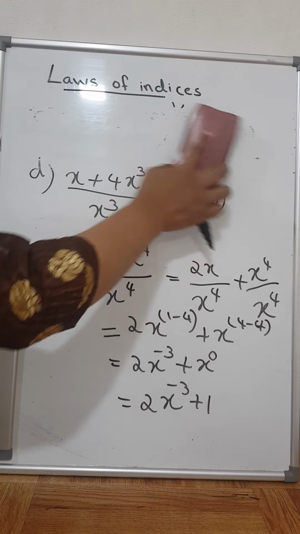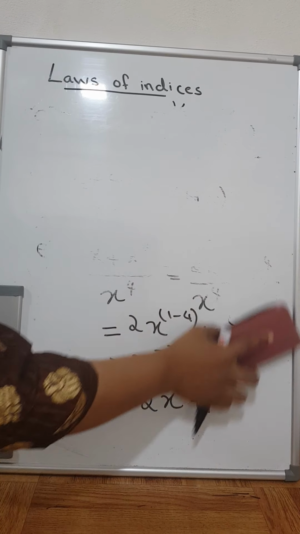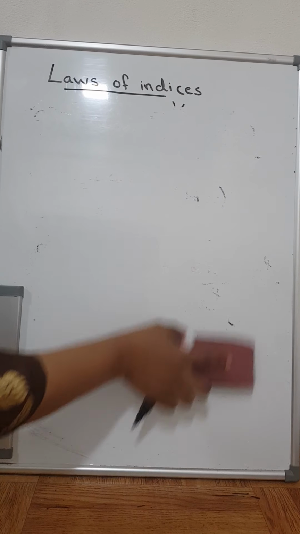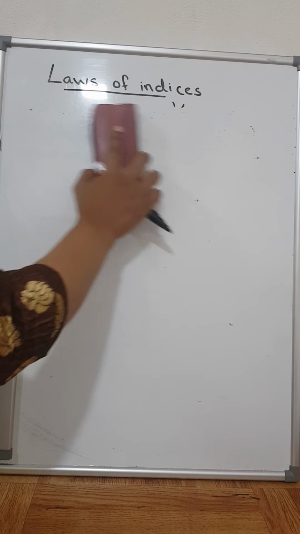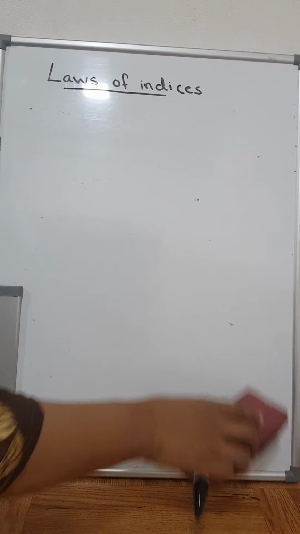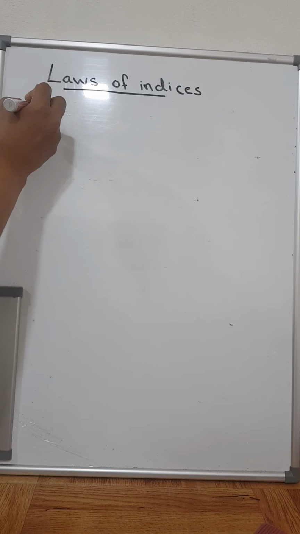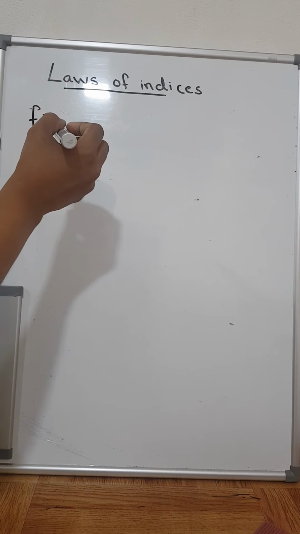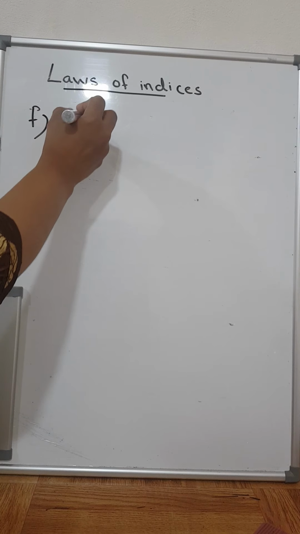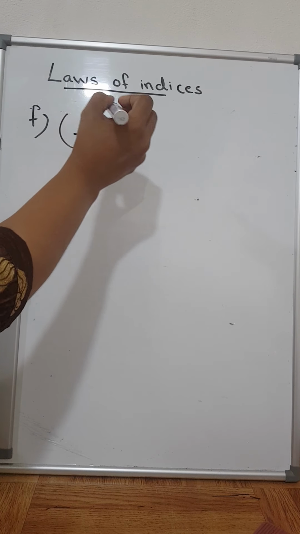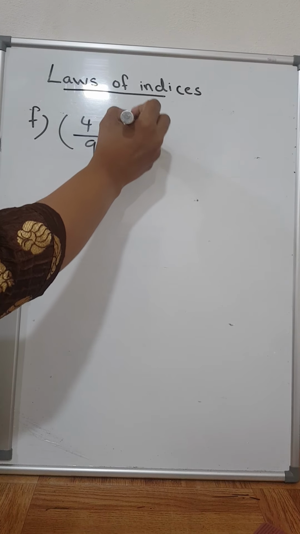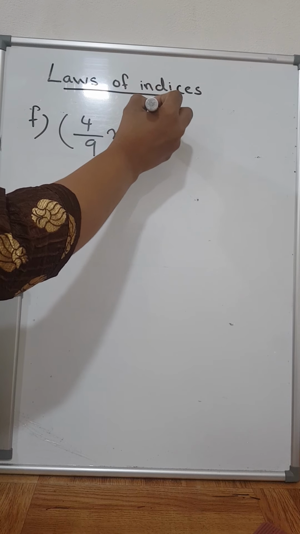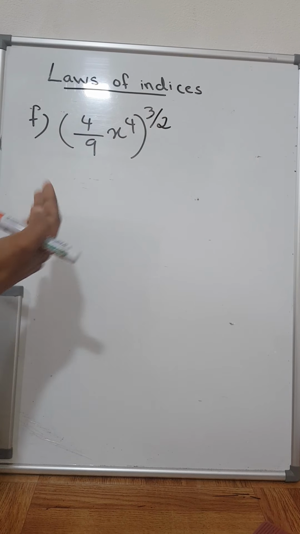Now I'll give you more homeworks. Question number 3F, 4 by 9 x to the power 4, the whole raised to 3 by 2.